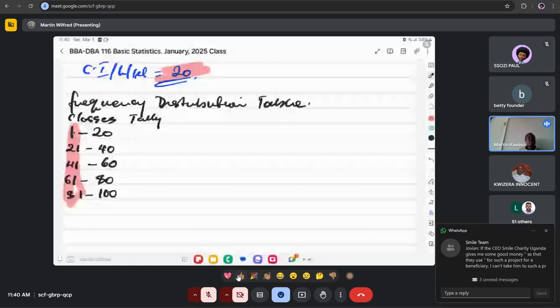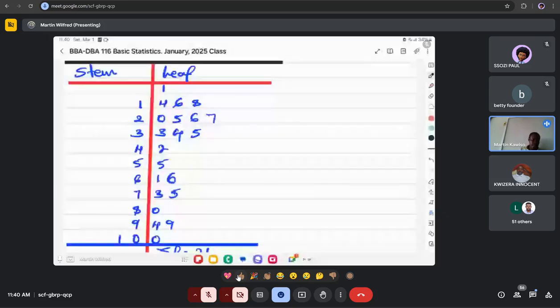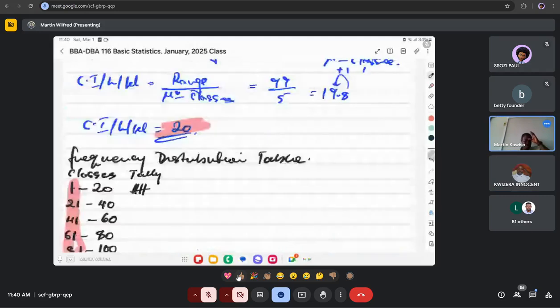So let's look out for values running from 1 to 20. So we have 1, 14, 16, 18, and 20 itself. So how many are they? So this is 1, 2, 3, 4, 5. Next, we are tallying out values running from 21 to 40.